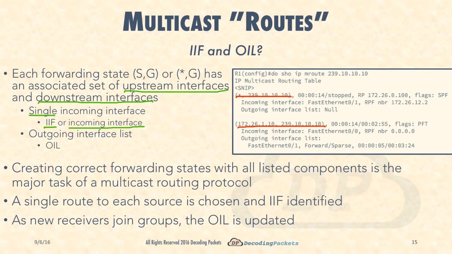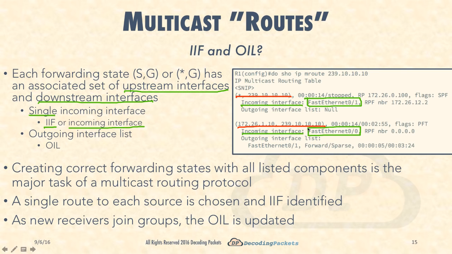Let's look to the right and see if we can find these interfaces. So in this case, the incoming interface for the star, G happens to be FastEthernet0/1. And the incoming interface for the S, G happens to be FastEthernet0/0.